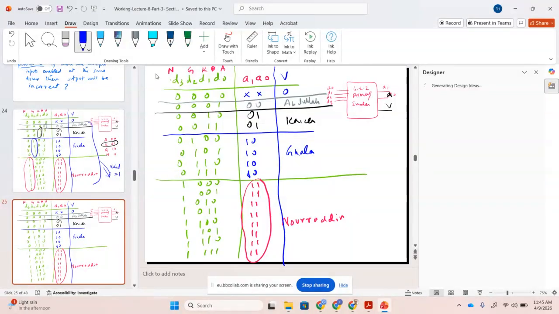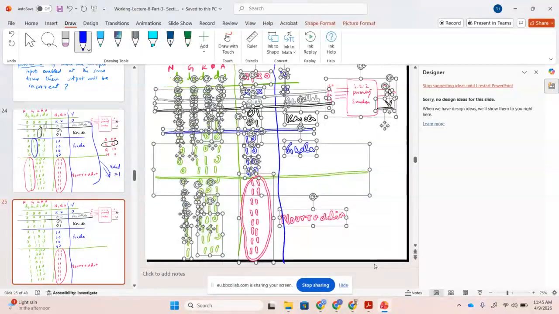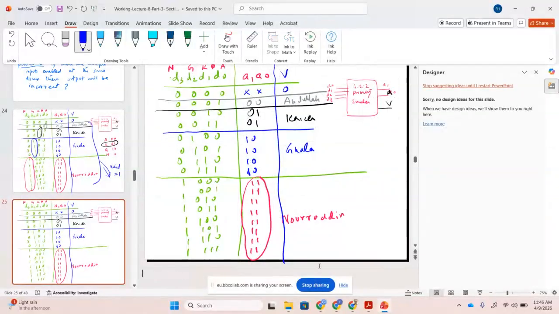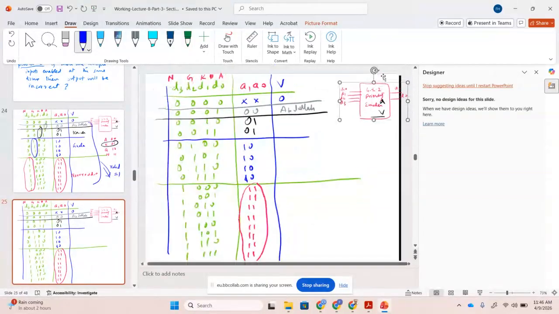Okay. Just look at this. Let me convert this into binary.